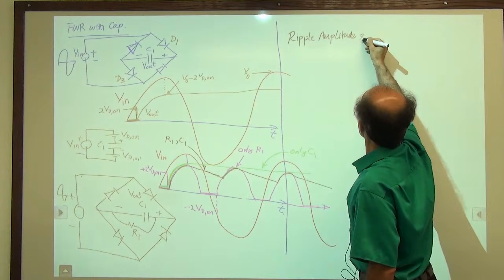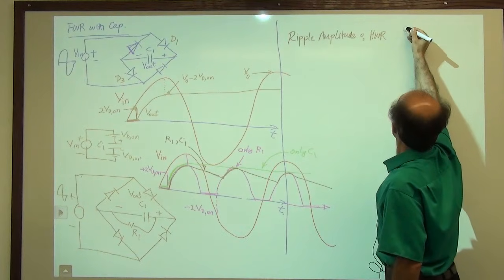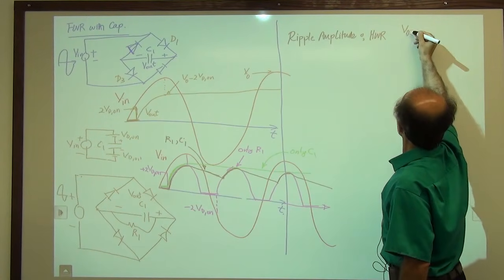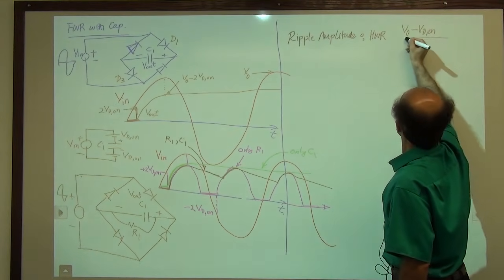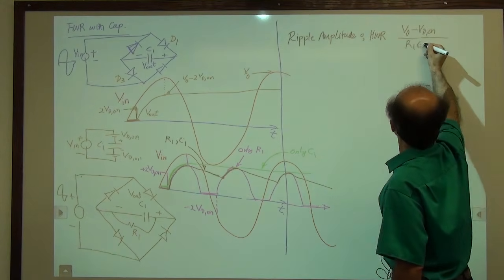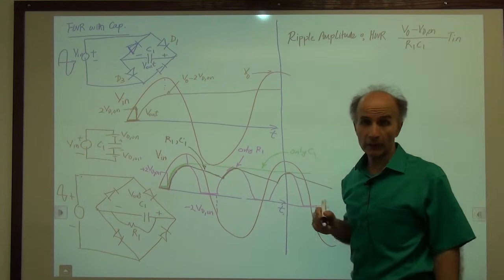For the half-wave rectifier, we had V0, the peak voltage of the input, minus 1 diode drop divided by R1 C1, and then multiplied by T in, or divided by F in.